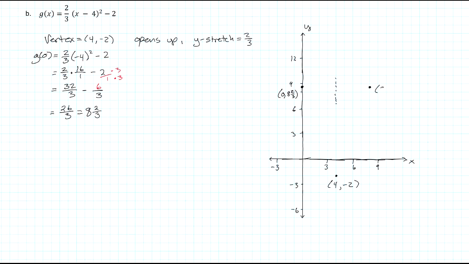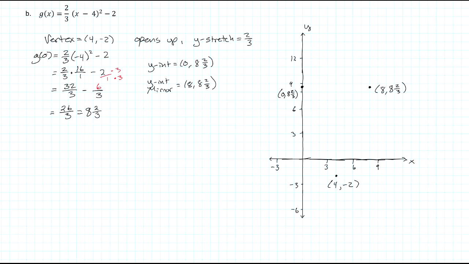This is going to be 8, 8 2/3. So we've got the y-intercept is 0, 8 2/3. Just listing everything off to the left. The y-intercept mirror is 8, 8 2/3. There we go.